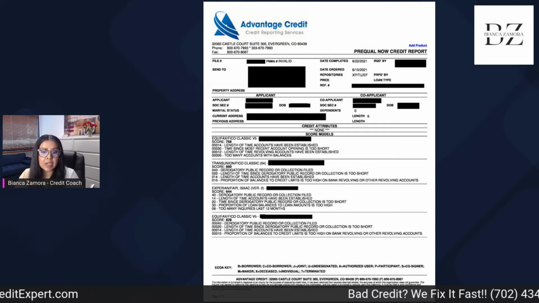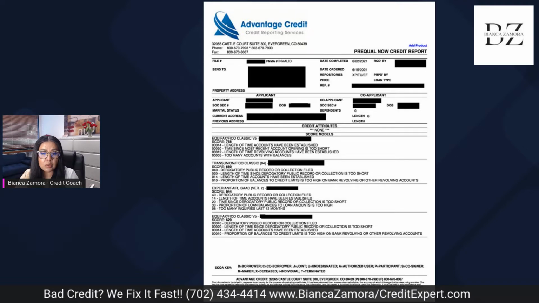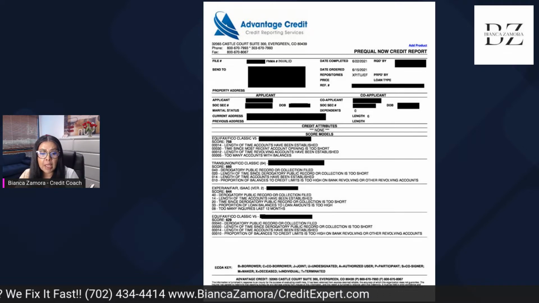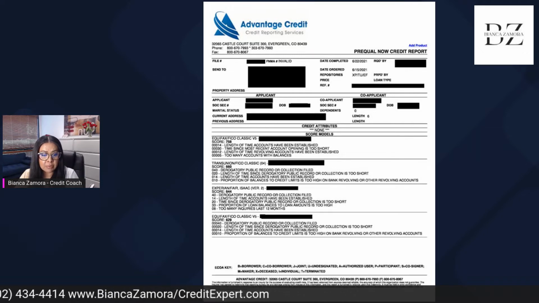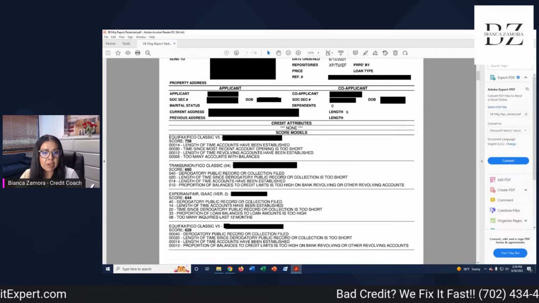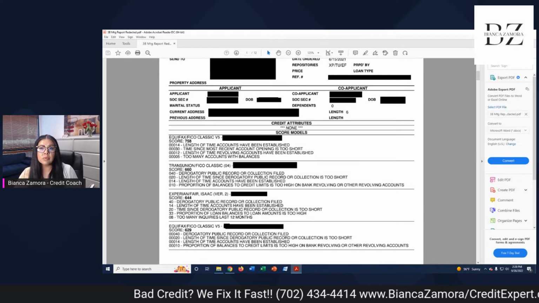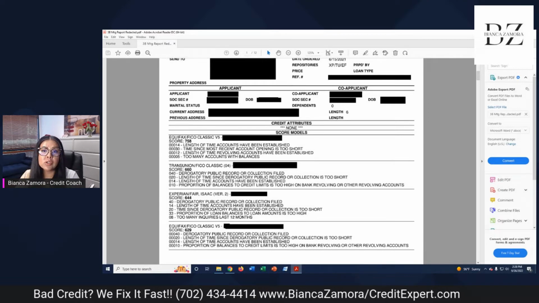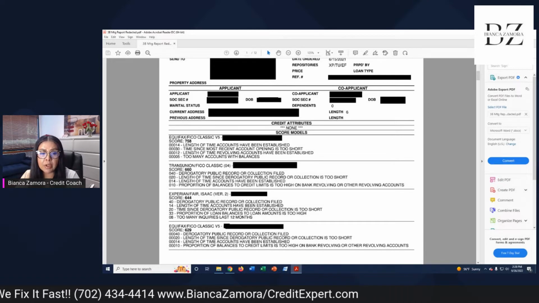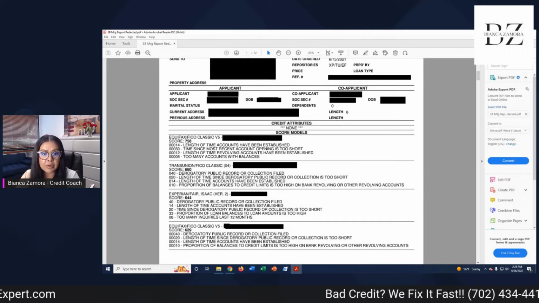Okay, so down below that, you're going to have information about the credit scores, right? What bureau was pulled, what their score was, and we're going to be going over some of this information here. Now, one thing to kind of look at, which I hope you can see better now, is the type of scoring models that are being used. So a lot of people don't know that there are so many different types of credit scores out there, not only within FICO itself, but also Vantage, and then there's other credit scores out there as well.